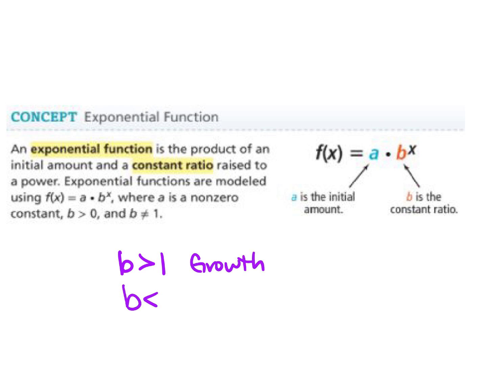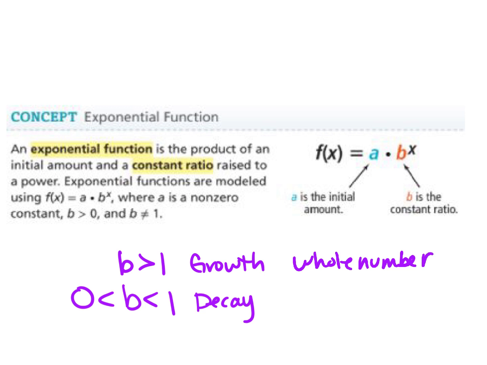And that if it was less than 1, and actually technically between 0 and 1, this was a decay. So a growth is a whole number. Again, this is a review. And a decay was a fraction between 0 and 1. If the fraction is like 5/4, that's a number larger than 1, so that would also be a growth. So just be careful with that.